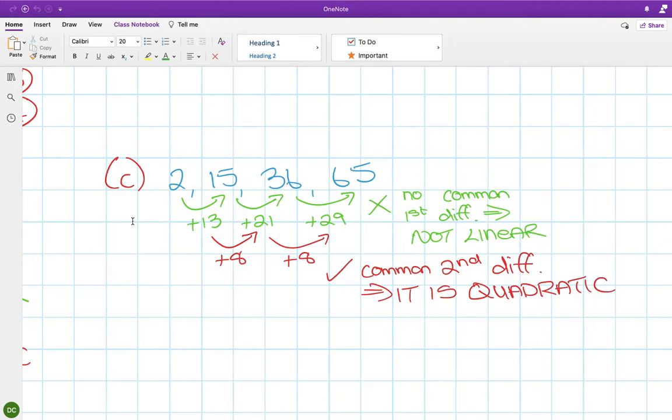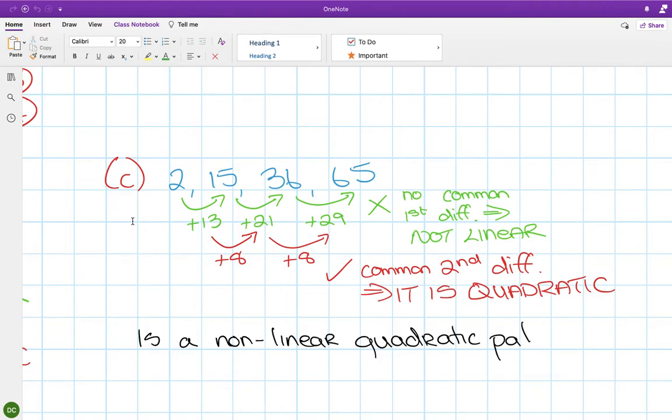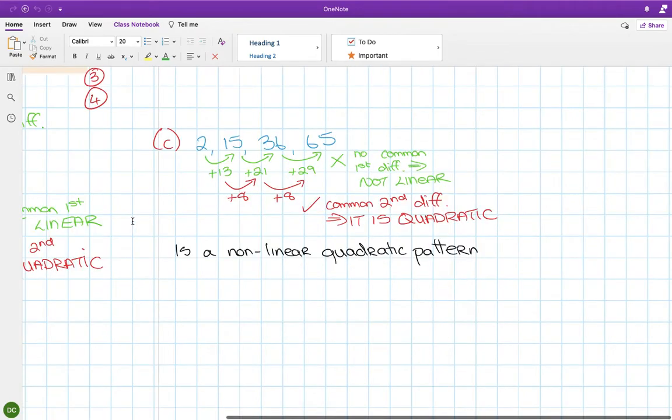So this sequence is a non-linear quadratic pattern or sequence.